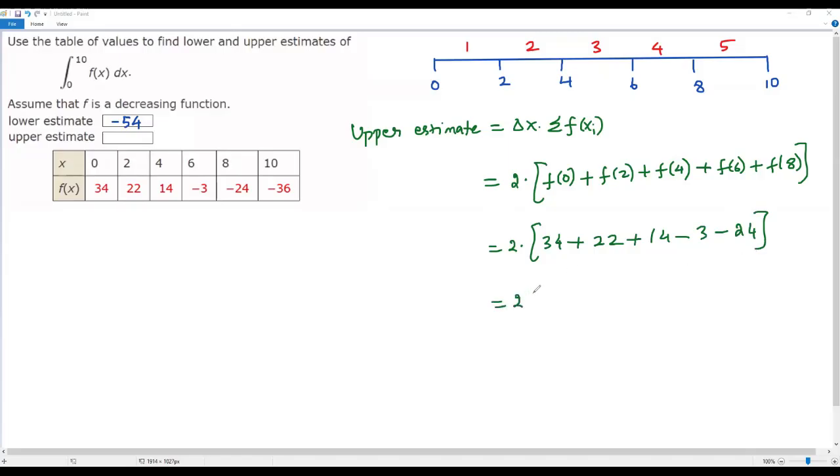Now we combine the positive values: 34 plus 22 is 56, plus 14 is 70. Combining negative 3 and negative 24, I get negative 27. Subtracting 27 from 70 gives 43. 2 times 43 is 86. So the upper estimate is positive 86.